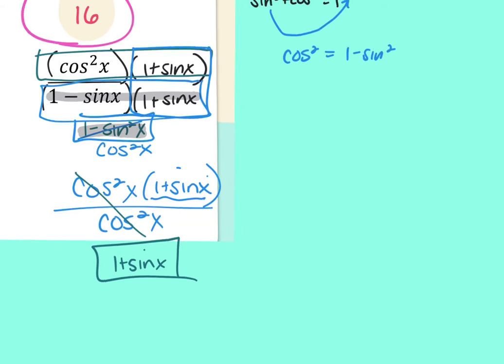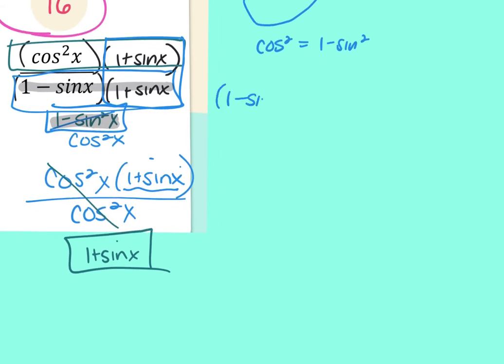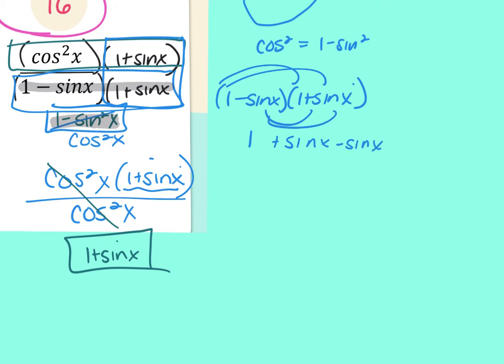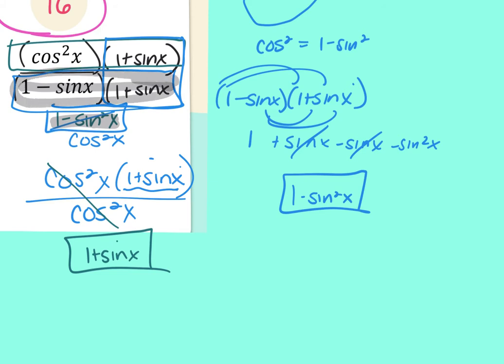If I distribute 1 minus sine x and 1 plus sine x and FOIL it out, this would be 1 plus sine x minus sine x minus sine squared x, and then these cancel. So that is what the bottom gets replaced with.